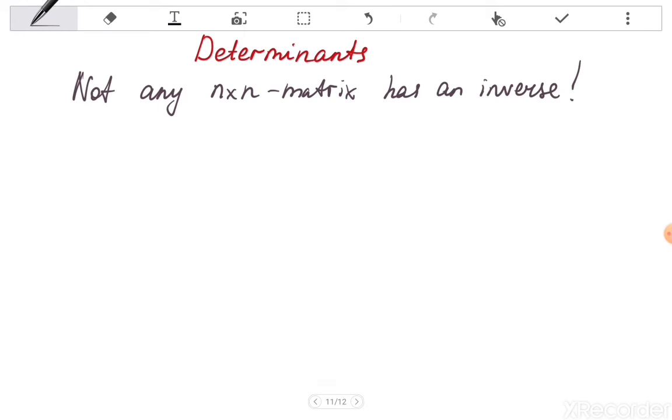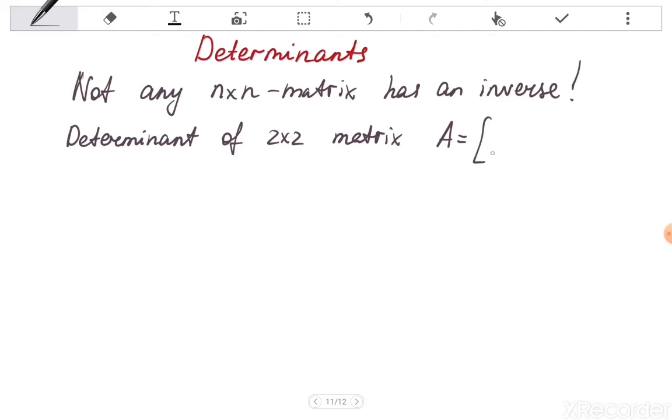Let me introduce the notion of determinant, and the first thing that we do, we define the determinant of a 2 by 2 matrix. Let's say A, which is A11, A12, A21, and A22.